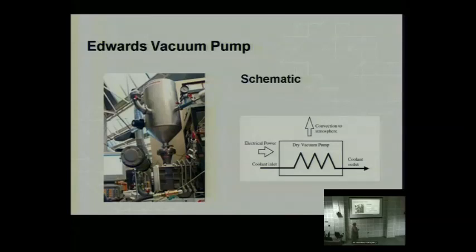So there's clearly power going in, there's coolant inlet, there's the pipes going round, there's coolant outlet. We've got temperatures at various points. There's the pump itself and convection to atmosphere.